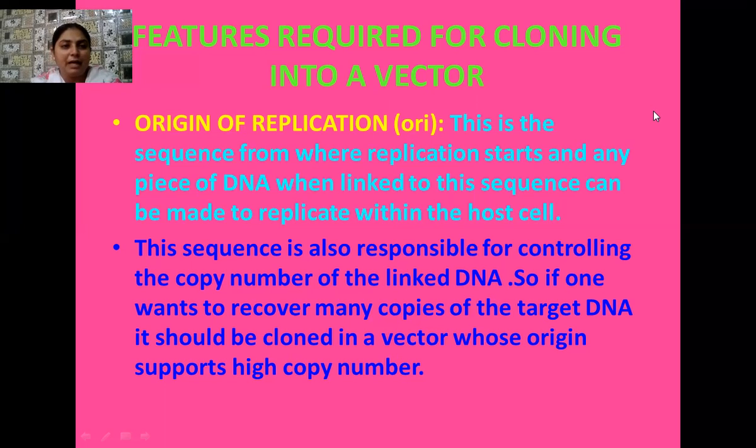There are some plasmids which support only 1 or 2 copy numbers, but there are some plasmids which can give you 15 to 25 copies. So in that case, we have to select that plasmid or that bacteriophage which gives us more and more copies. We should take care of the origin of replication, that we select such a vector whose origin of replication supports many copy numbers.